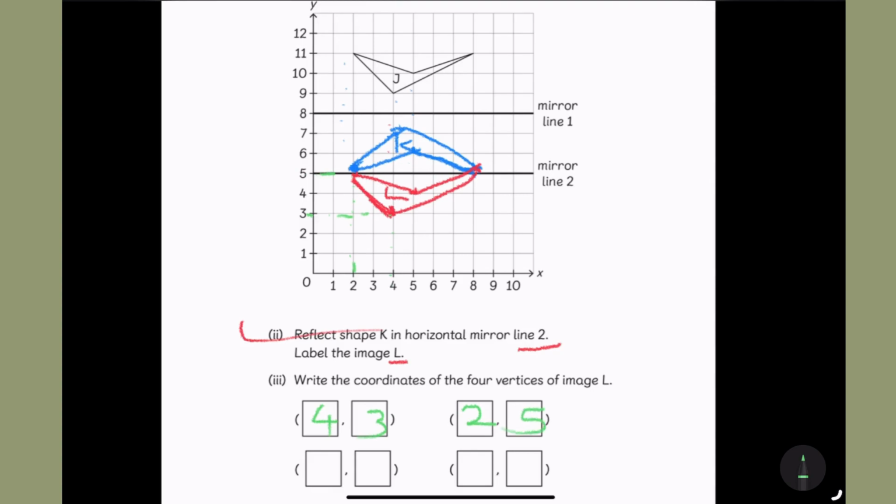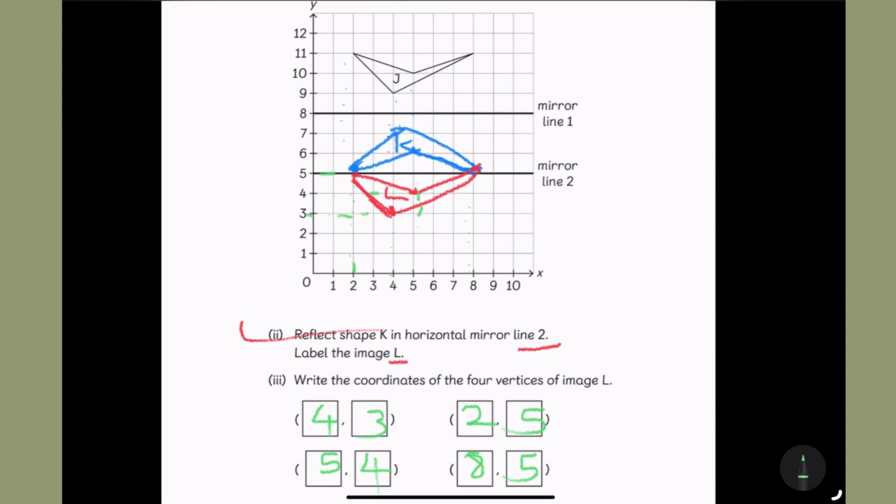So 2 and 5. Remember the key, we always start from the x-axis. The third dot is 5 and 4. Right? Let's do the last dot, which is 8 and on the mirror 5, right? So this is how we solve describing successive reflection.